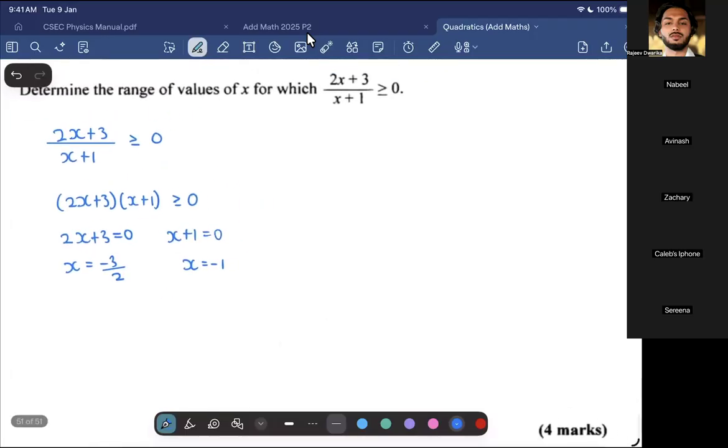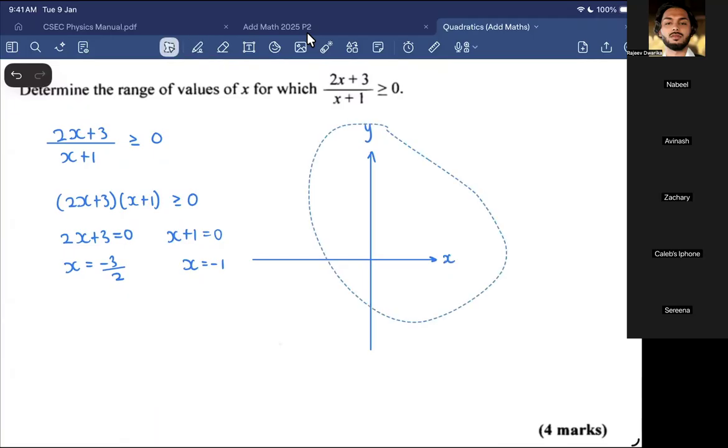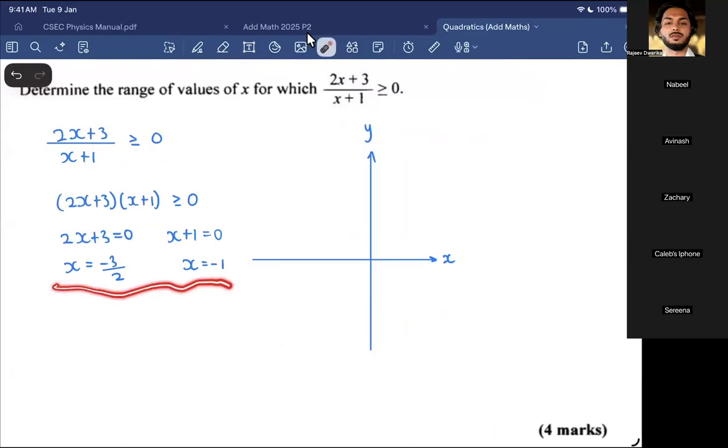Then we're going to do a sketch of the graph. This is the working you should put in your exam to optimize and save time. This is y, this is x. Caleb, in doing this, we just found the what? What do you call that for a quadratic? The roots.